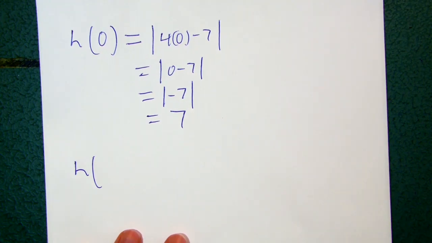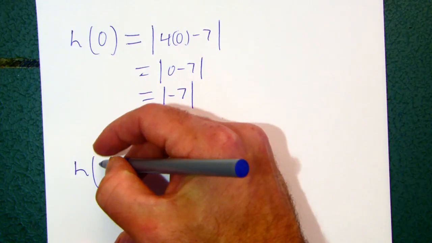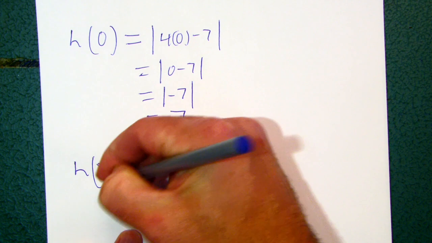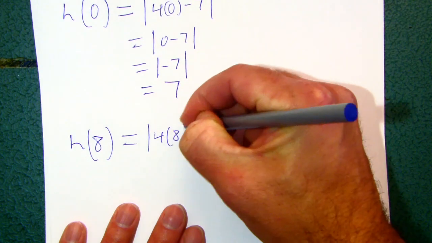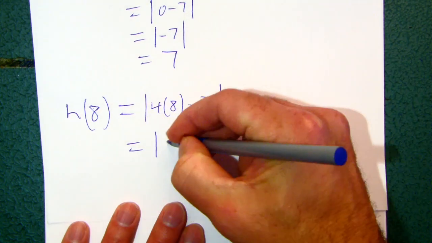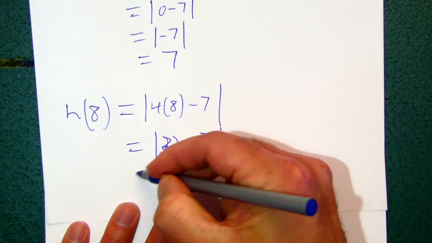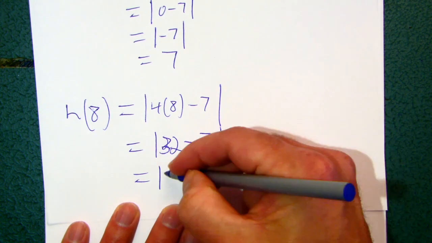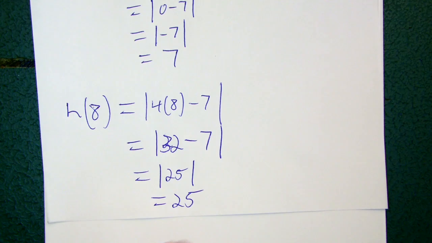All right, so last up then, let's go with a positive number here. Let's just go with 8, h of 8. So that's going to be 4 times 8 minus 7. So absolute value of 32 minus 7, so that's going to be 25. So it's just going to be 25 then.